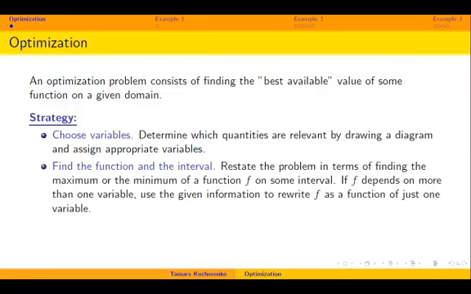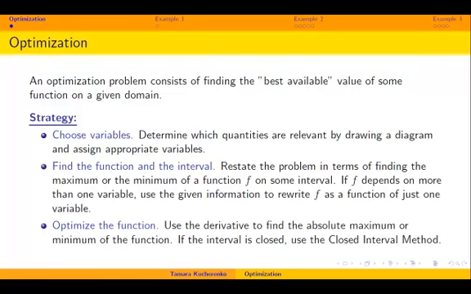The next step is to find the function and the interval. Restate the problem in terms of finding the maximum or the minimum of a function f on some interval. If f depends on more than one variable, use the given information to rewrite f as a function of just one variable.